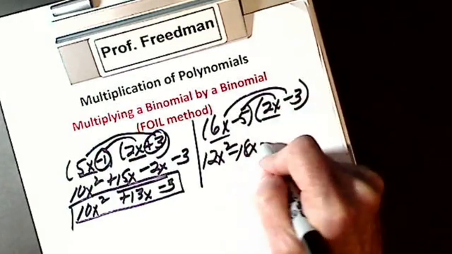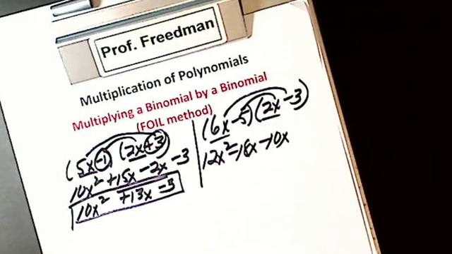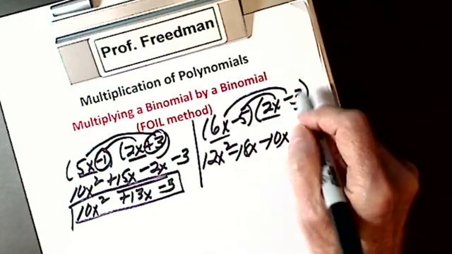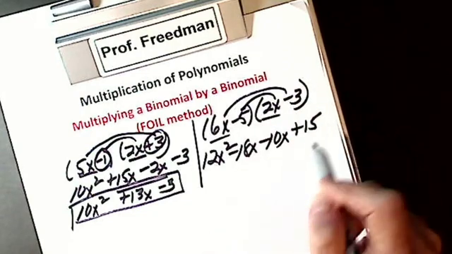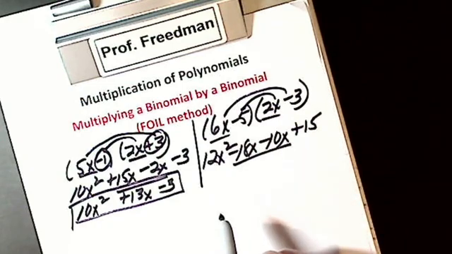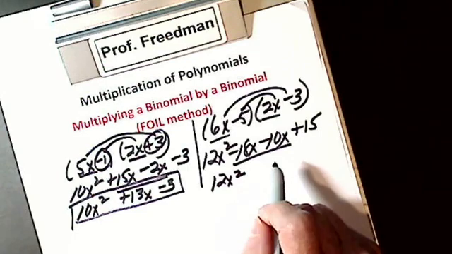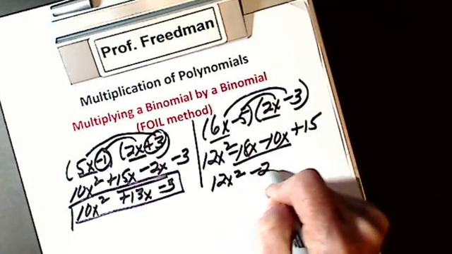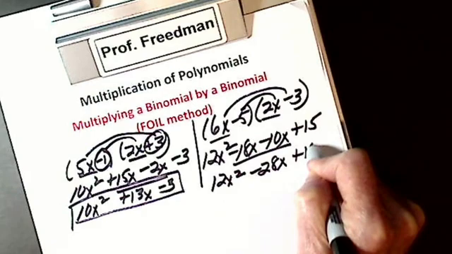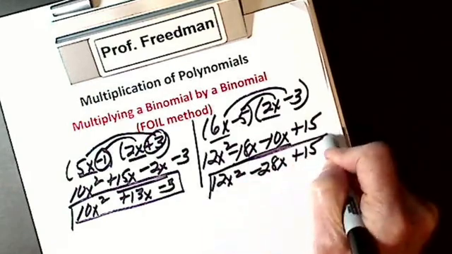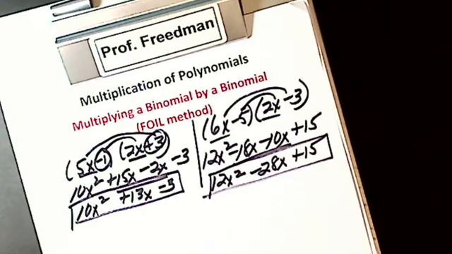I multiply my inners, minus 10x. I multiply my last, plus 15. Outers and inners combine. So I get 12x squared. Now be careful, if the signs are alike, add and take the same sign. Minus 28x plus 15. So it's the same process.